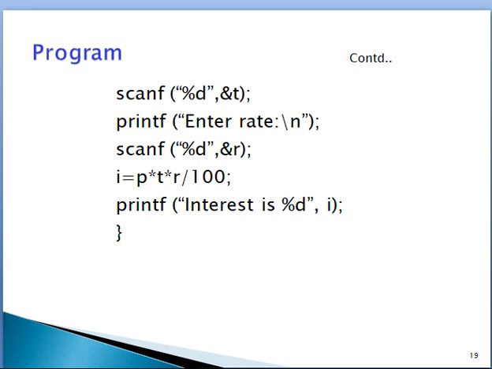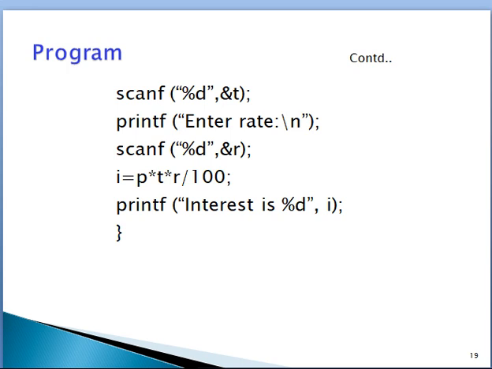For characters, we use %c. Next line, printf enter rate of interest. Then the scanf function reads the rate of interest. Whenever the user enters it, it is stored in the R variable.